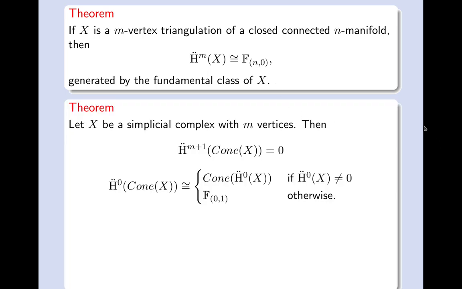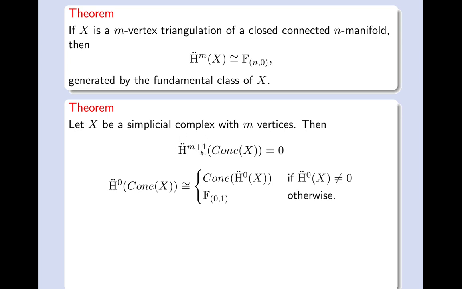And also then we can look at the behavior of the Überhomology in these extremal degrees under the operation of coning and suspension. So again, if X is any simplicial complex with m vertices, let's say connected to be safe, then the cone will have m plus 1 vertices, and we can look at its extremal degree.